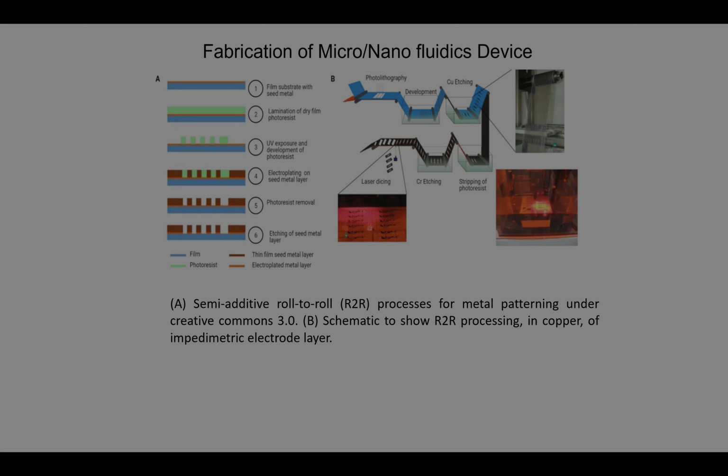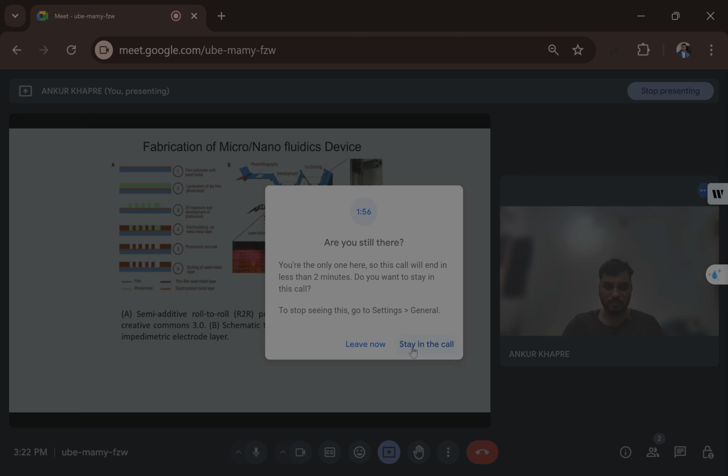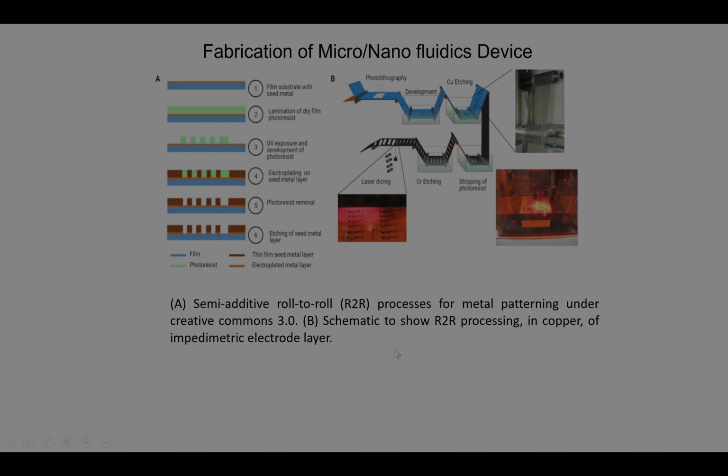Then using the electroplating technique, the metal can be deposited on the metal surface. The open area and photoresist removal is used for the removal of the lamination and sheet metal layers.